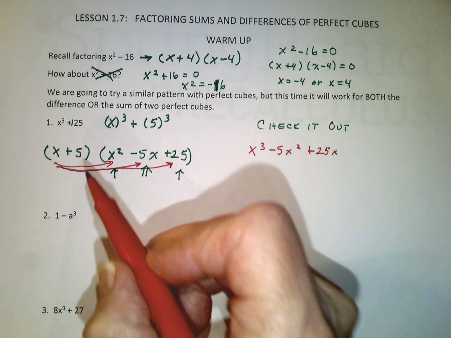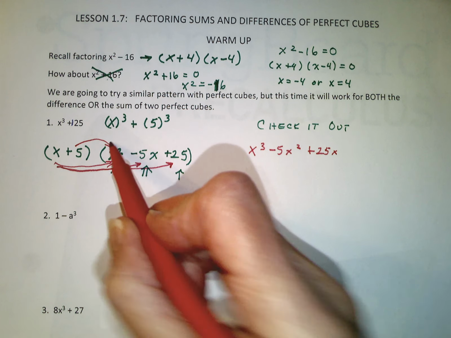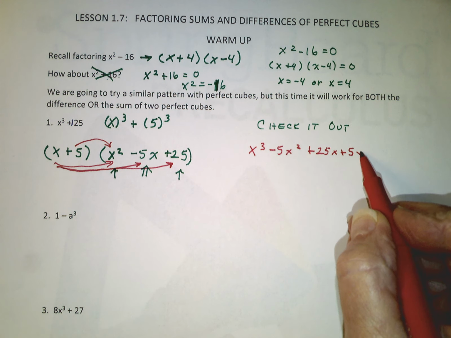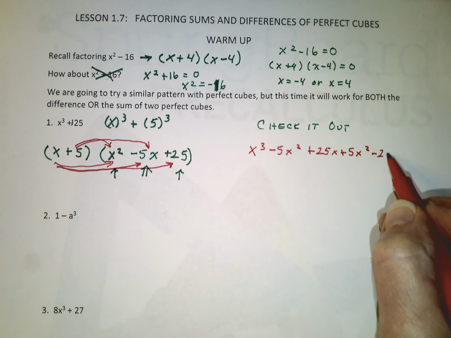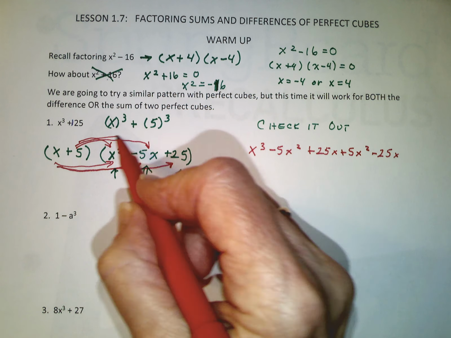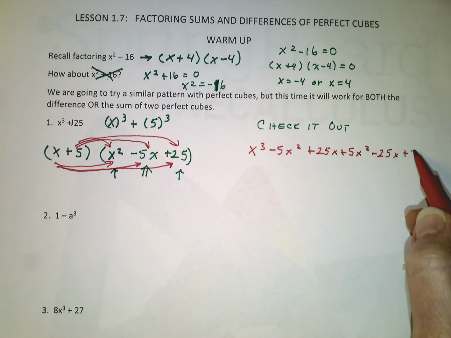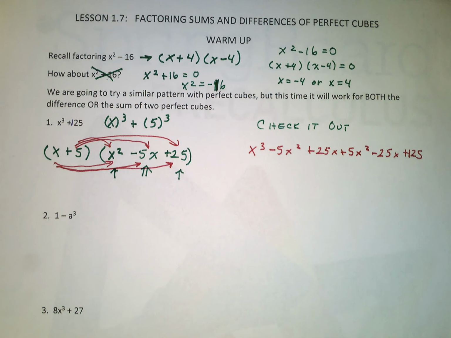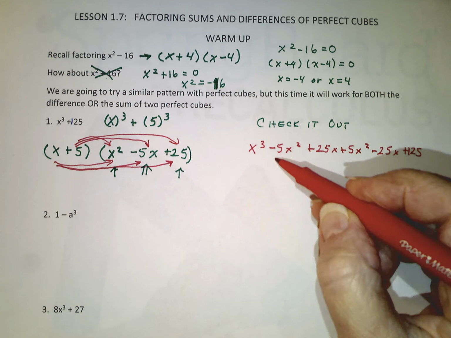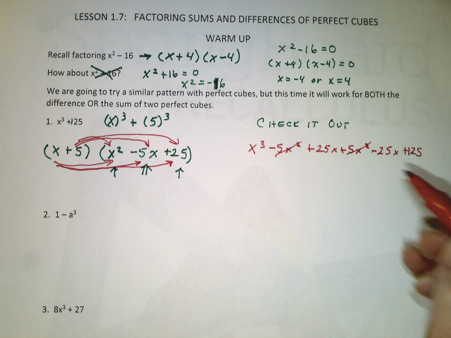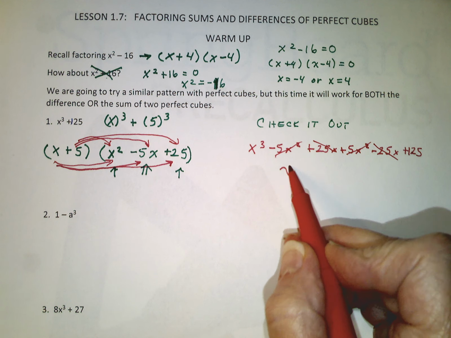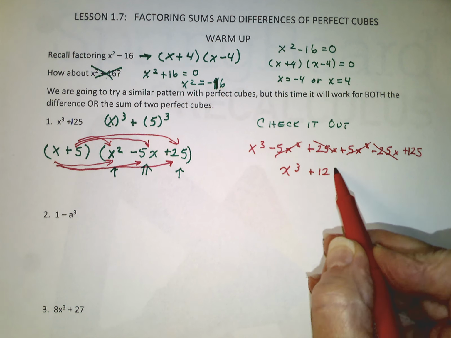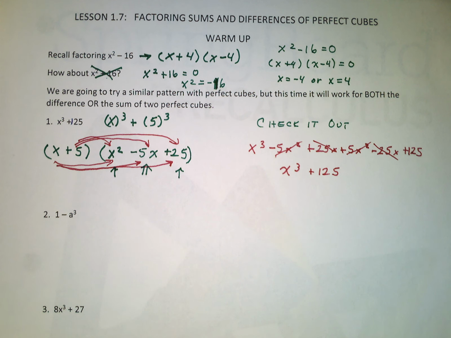And then coming the other way, multiplying by the 5: 5 times x squared, 5 times negative 5x, 5 times a positive 25. Then the negative 5x squareds cancel with the positive 5x squareds, the 25x and negative 25x cancel out, and we're left with x cubed plus 125, and that is what we started with.